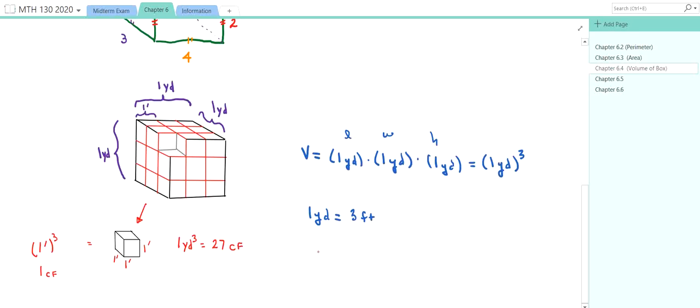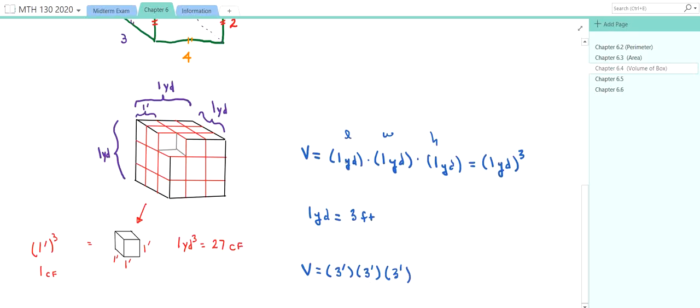So how do we look at that mathematically? The volume equals, well, if this is a yard, we know that a yard is 3 feet. And if this is a yard, a yard is 3 feet here, and the height is a yard, 3 feet here.